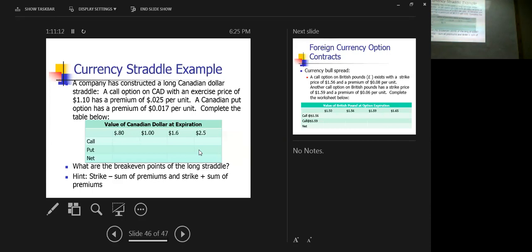And the put is how much? In the money, out of the money? At 80 cents, is the put in the money?